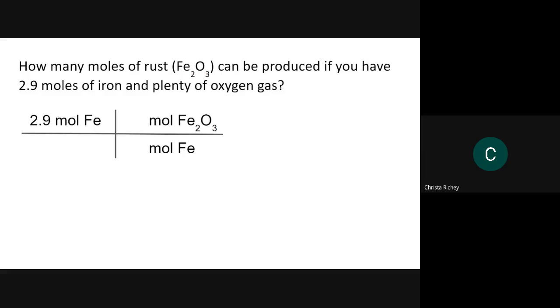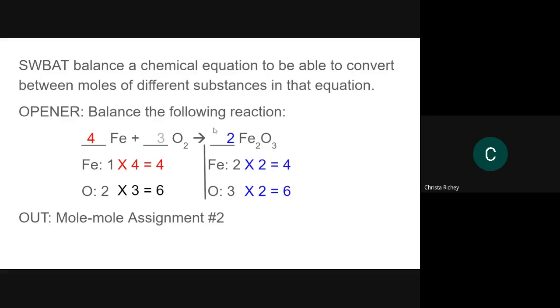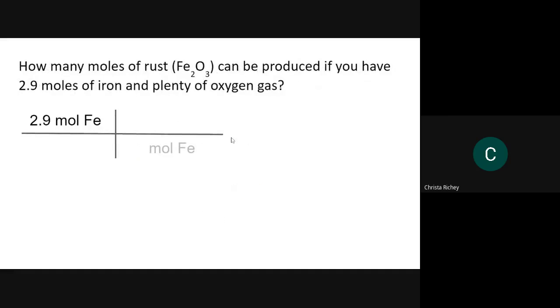These numbers come from the balanced equation, even though I had a boo-boo on the previous slide. They come from here. And so we're dealing with rust and we're dealing with iron. Iron gets a 4 and the rust gets a 2. I just couldn't fit everything on one slide.